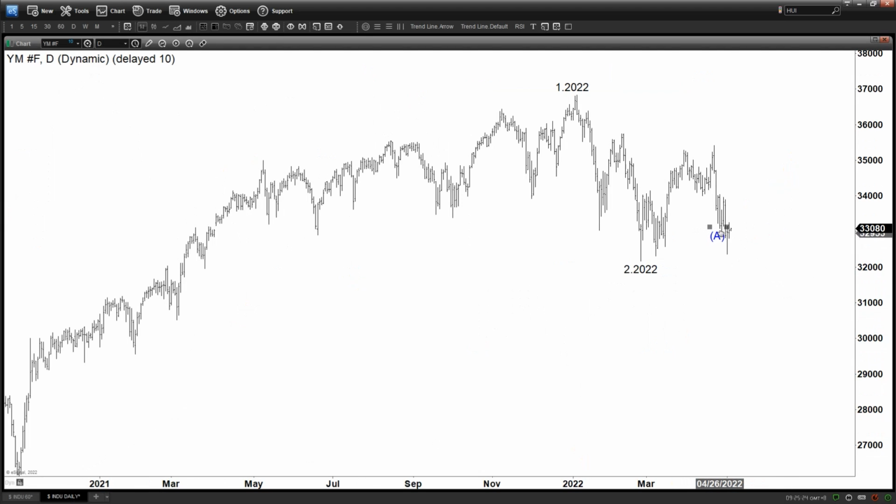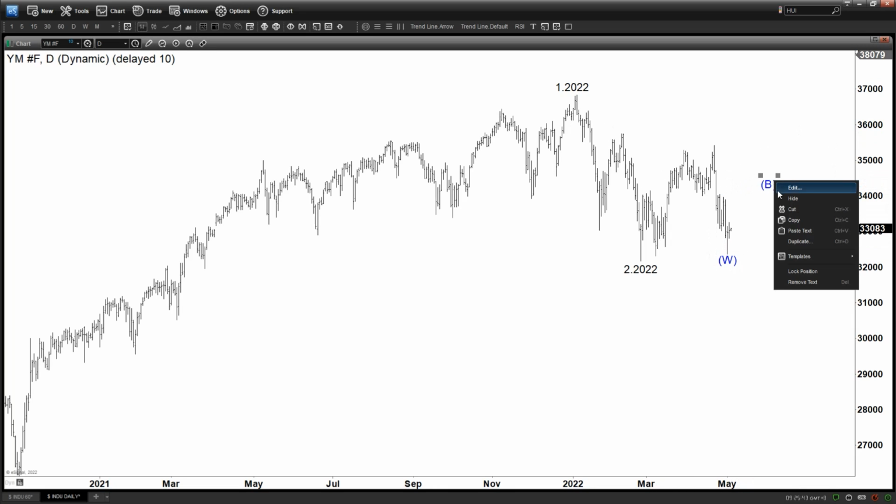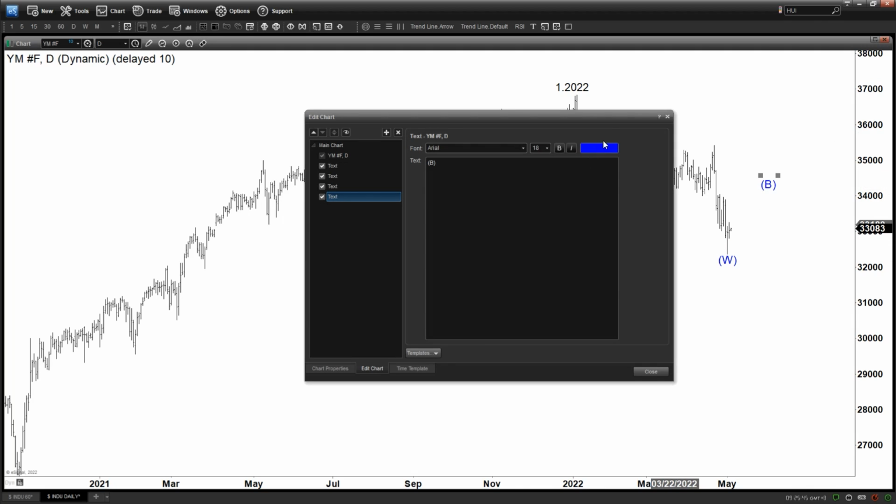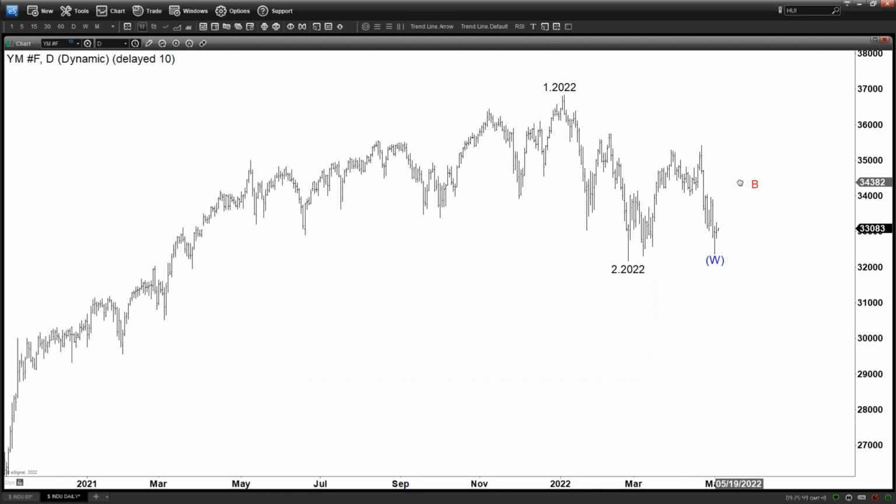That is your A and B here. Okay, so the alternate view suggests a couple of things. Now you can call this three waves, and it could be ending here as a W. So that means the ABC becomes a lower degree ABC, like this.